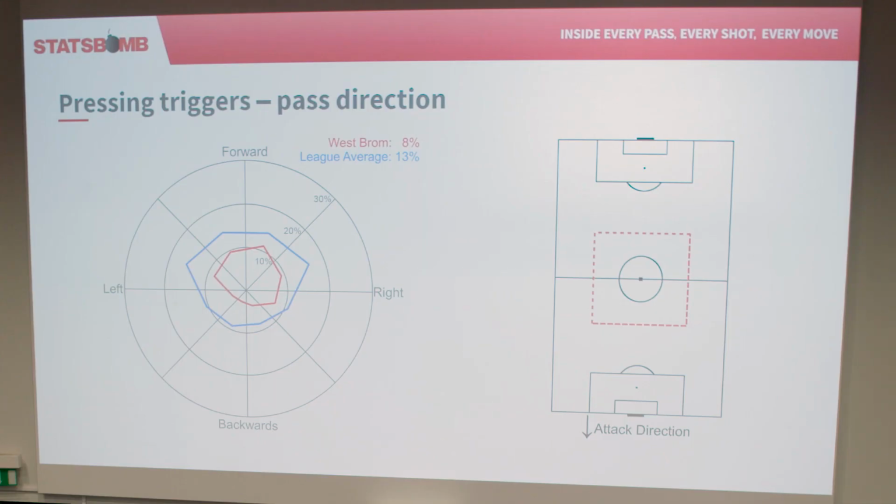Again, West Brom, just for a below average example, they fit the league average pattern, but at a much reduced rate. Chelsea, they're above average in terms of the proportion of passes they're pressing, but it's very much dominated towards the forward passing.